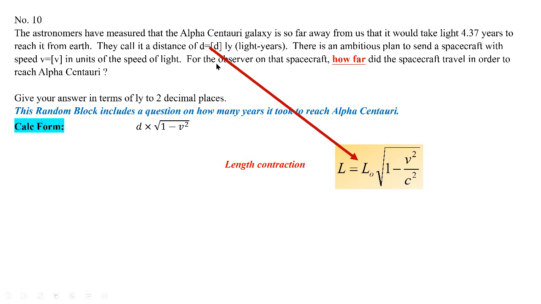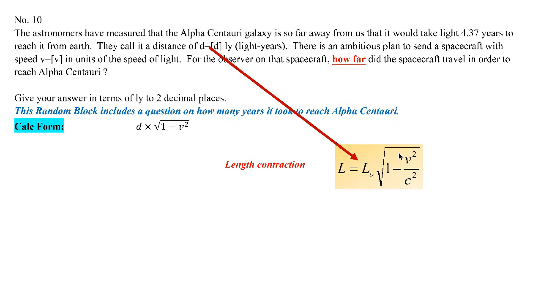And now, first is this distance. This is the distance that the mission control says that it was very far away, 4.37 times the speed of light, very far away. But on the spacecraft, the astronaut will say, no, it was a short time.